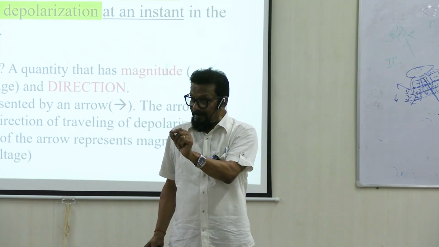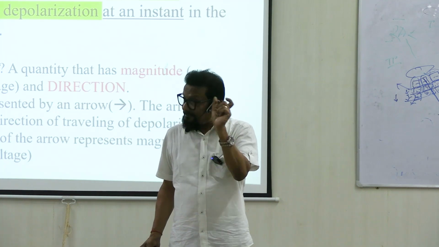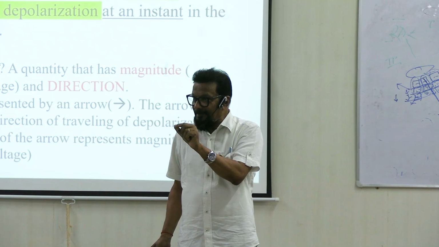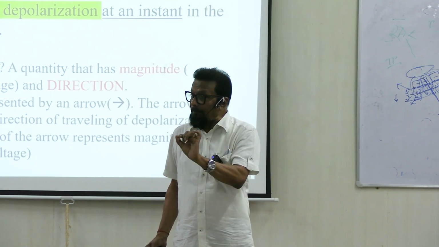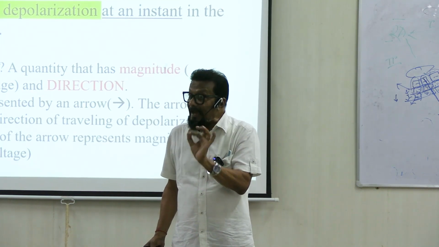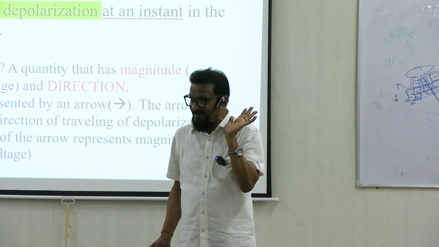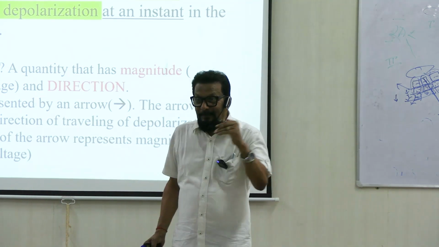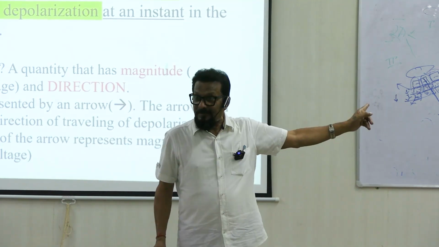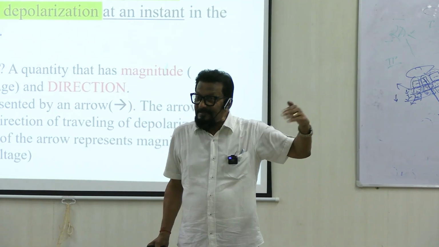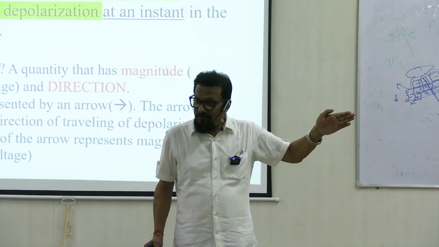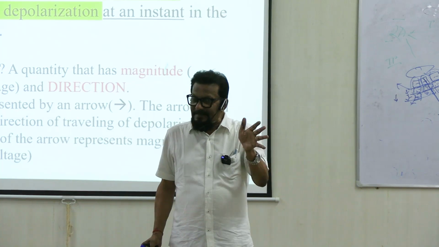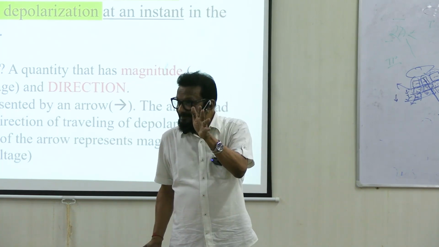This flow of current is generated in the heart, as a flow of depolarization at a particular instant. This is not permanent. Every time the activation front is moving, so every time the mean axis is changing.